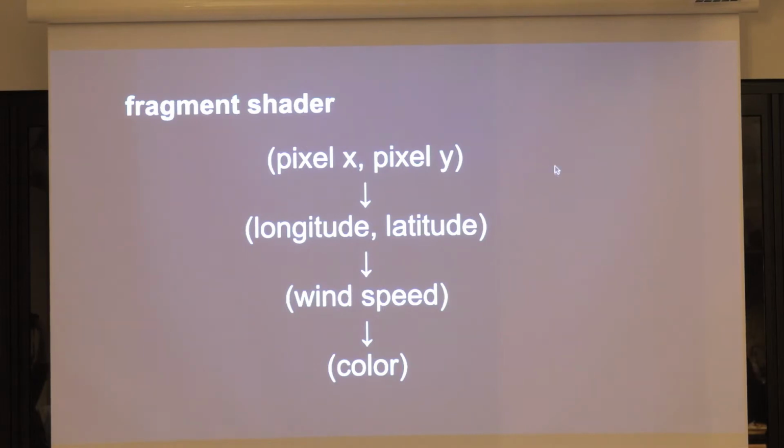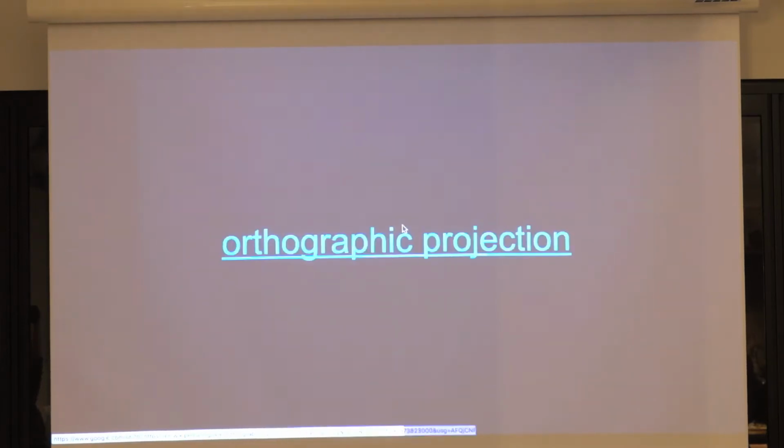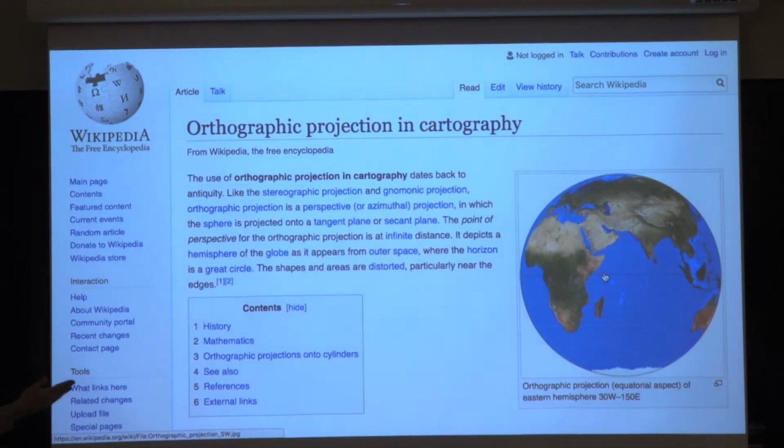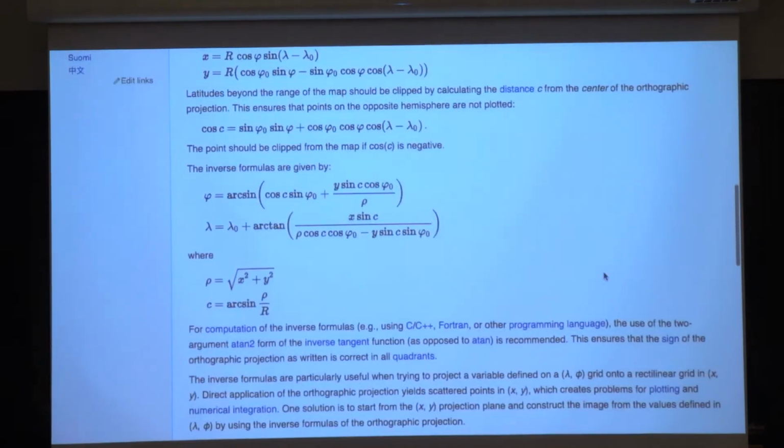And it turns out this part here, mapping from XY to lat long, is the hard part. I use an orthographic projection. That's just a fancy name for globe-looking projection. And it has some formulas for calculating lat and long from X and Y.